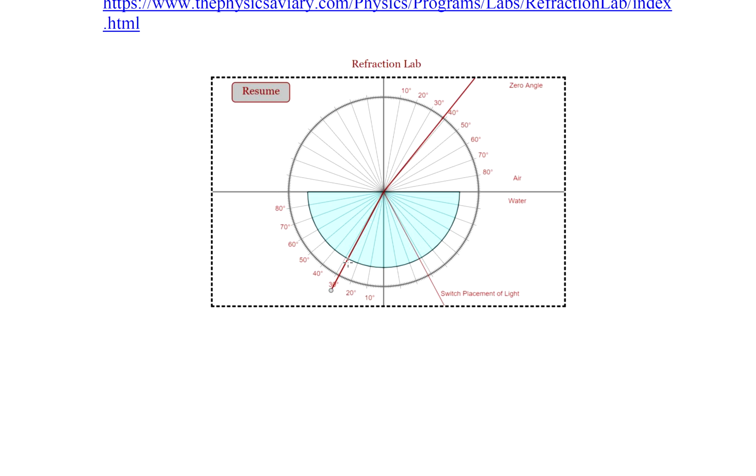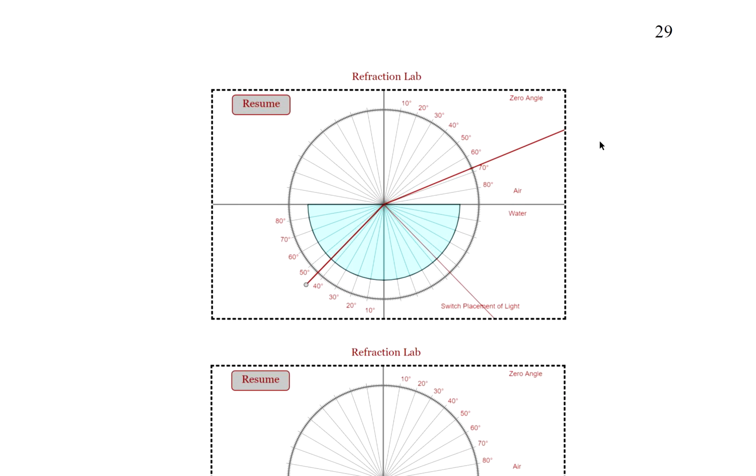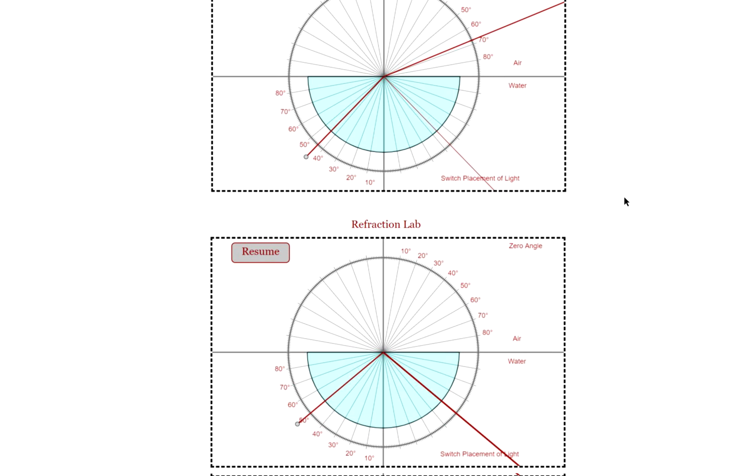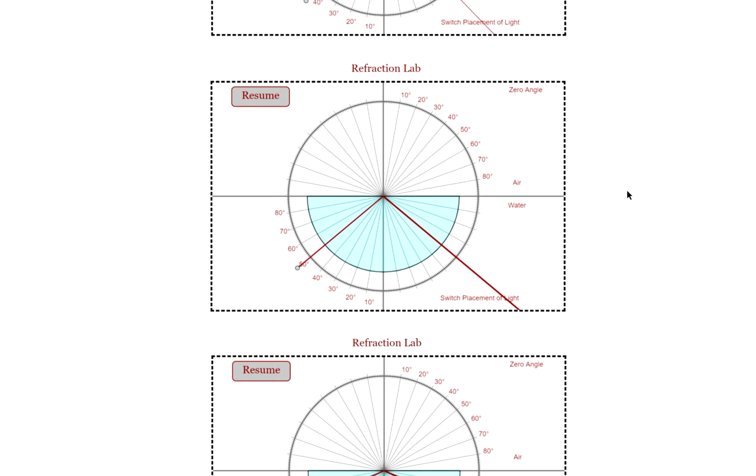As we increase theta, we have reflection, the thin line going back, and refraction. Here we're increasing theta, so we have reflection and we have refraction. Here we have now reached the critical angle. We have reflection but no refraction, nothing coming out of the other side.